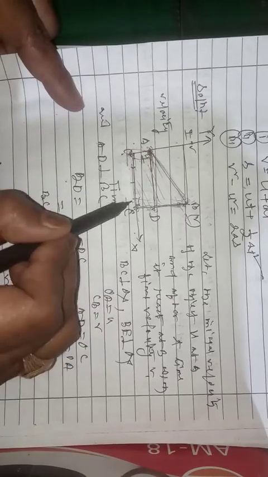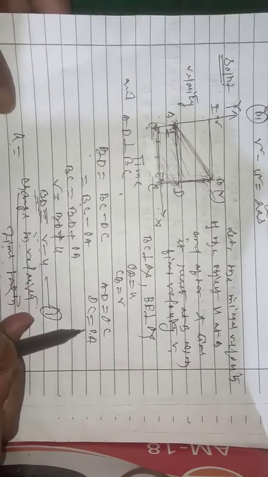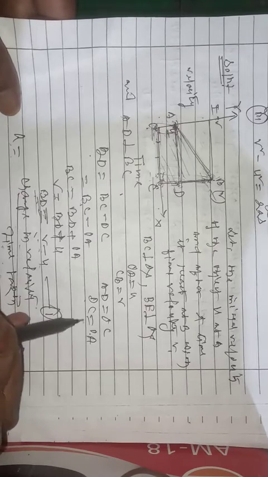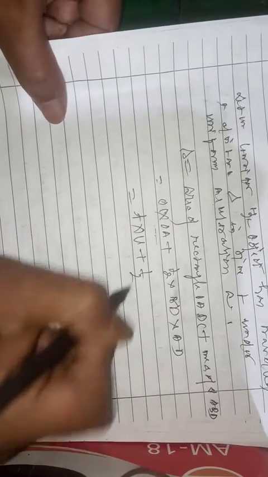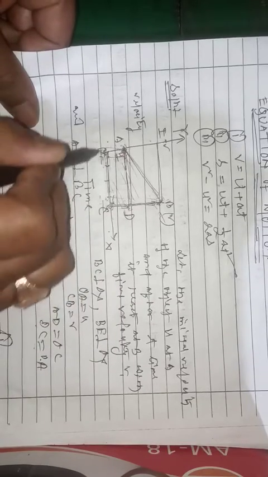OC means, check again, O to C means T, and DC means OA, which is U, plus half. BD means we have already found V minus U, and AD means OC, and OC means T.